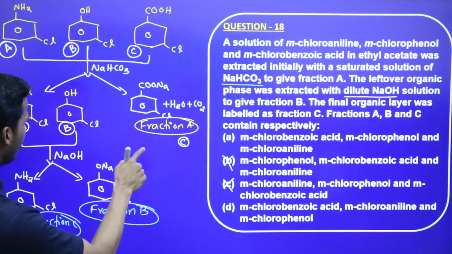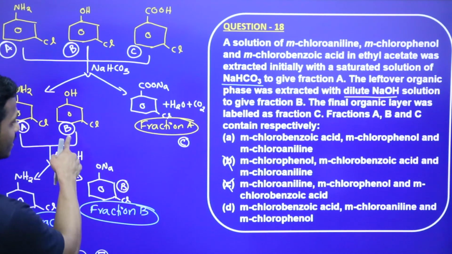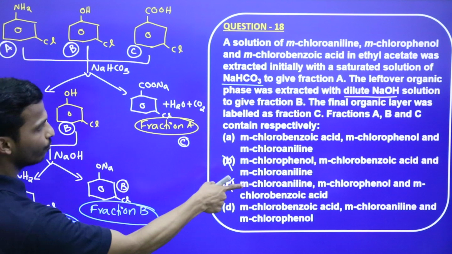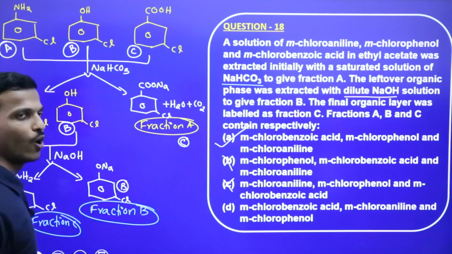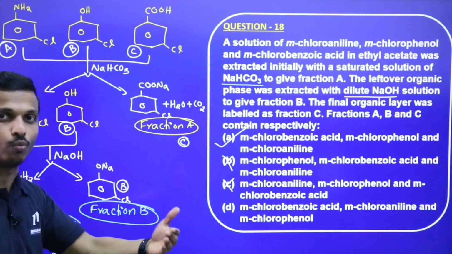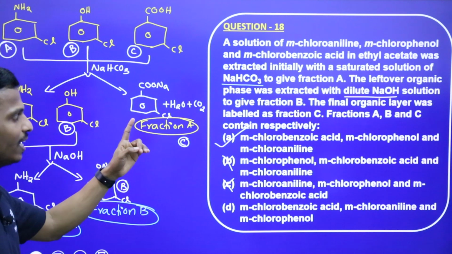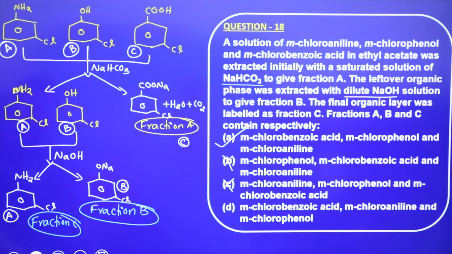What about fraction B? Fraction B is metachloro, which one? Phenol. B is reacting, right? So metachlorophenol. Yes, your answer is option A. So a direct conversion, which of them are reacting, which will not react, that is the pattern of this question. So your question number 18, option A is the answer.